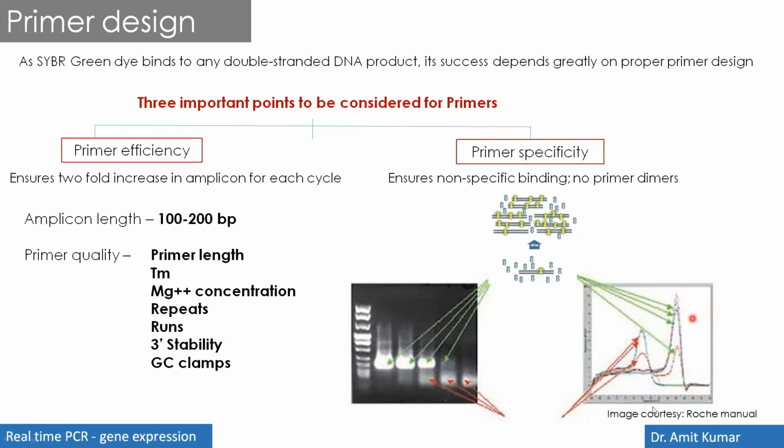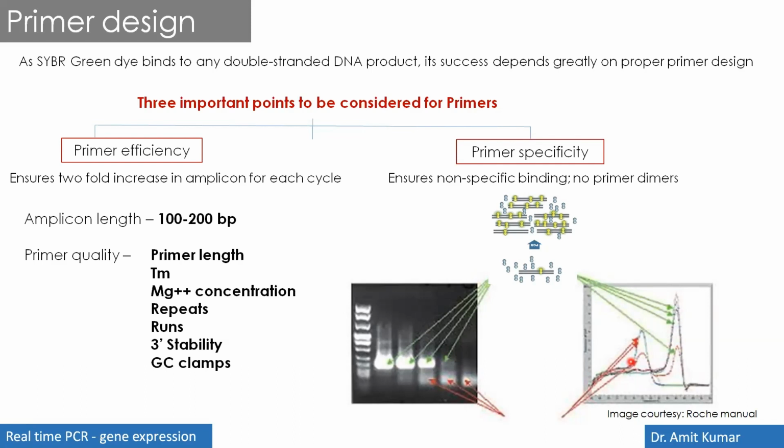In this picture, you can see that you have your gene of interest in this particular green arrow. However, at the same time, you also have some peaks for dimers or non-specific bindings. Since SYBR Green is not specifically binding to your gene of interest, it contributes to the total fluorescence.